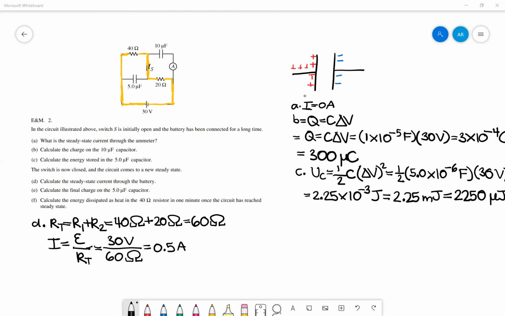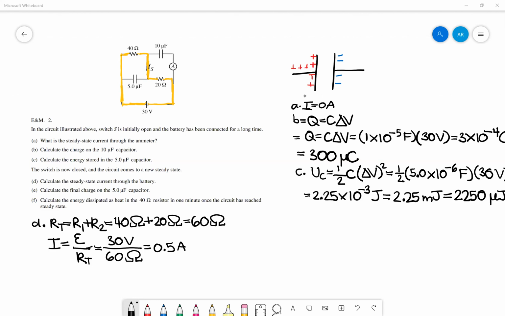Part E asks us to calculate the final charge on the 5 microfarad capacitor. Now, this situation is different. You have to recognize that, so you can't use any of the same quantities from parts A, B, and C. This situation is completely different.